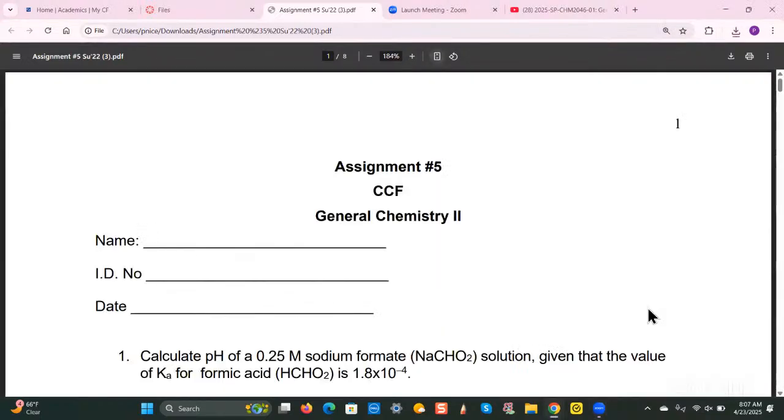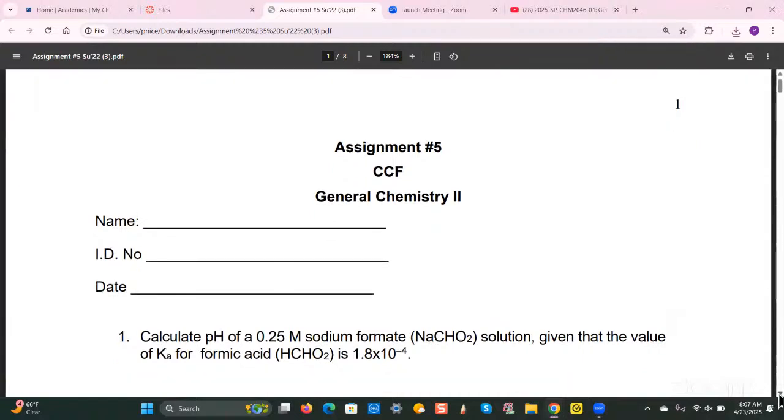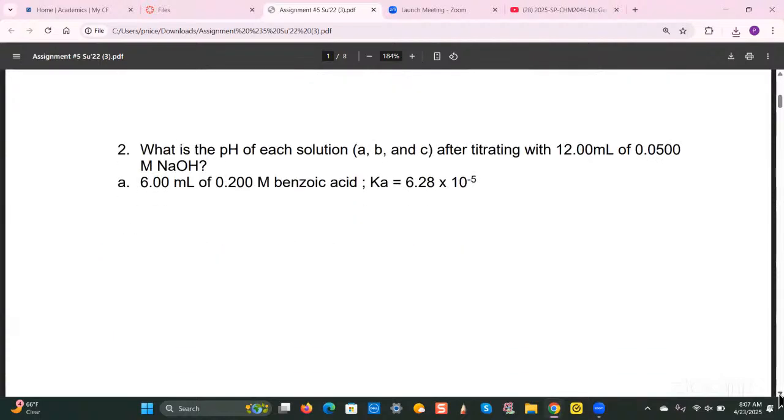I think I was able to do the first one, but the second and third one were the ones that gave me kind of issues. Like I wasn't able to, I just didn't know how to do them.